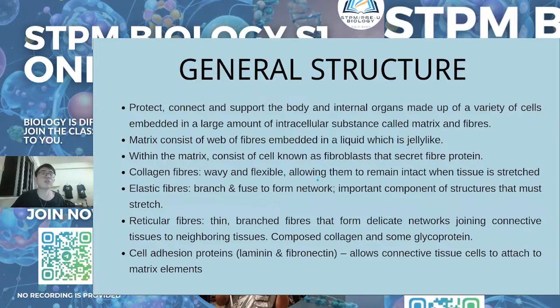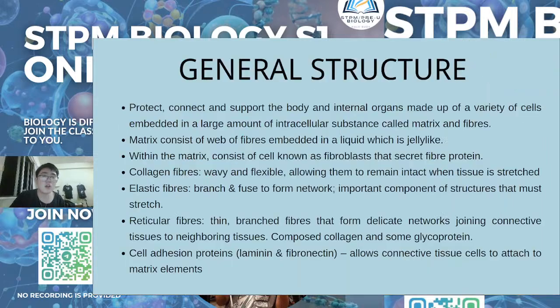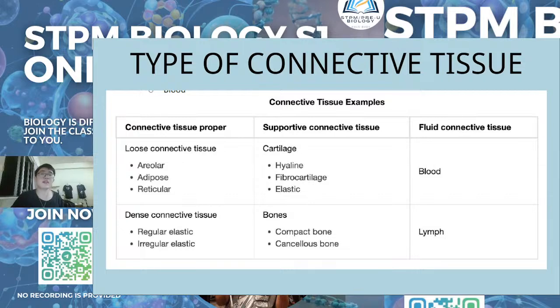This is just a general structure. Maybe the first time you read it, it gives you a bit of a headache. So actually connective tissue, what we call connective means it really connects. It plays the function in connection. So these are all the types of connective tissue that you should learn.